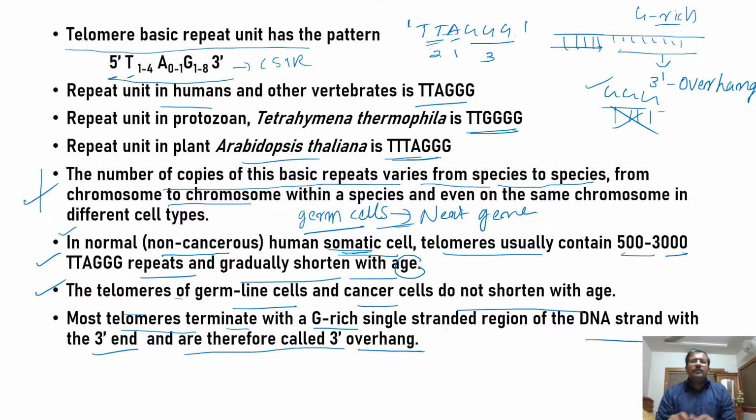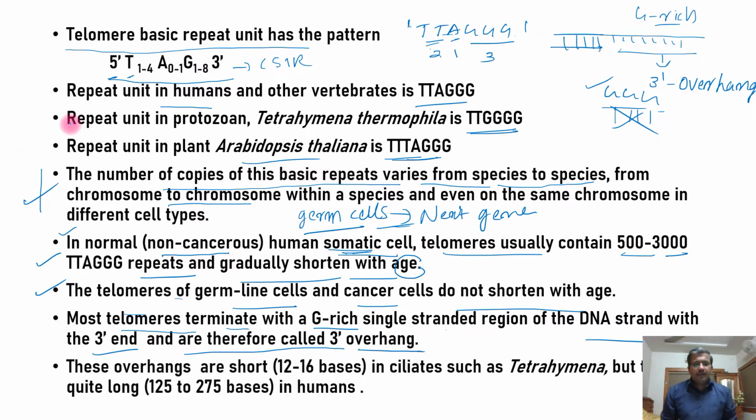Now, how many times will this telomere be repeated? As I told you, that will vary. The number of copies will vary from species to species. For example, if you take a ciliate, it will be repeated 12 to 16 times.